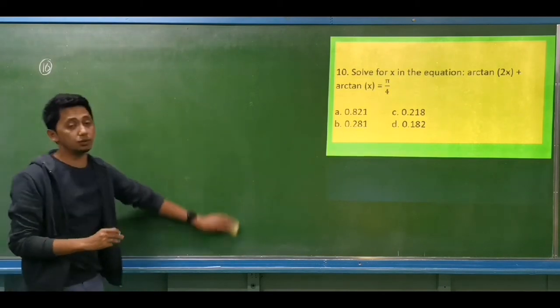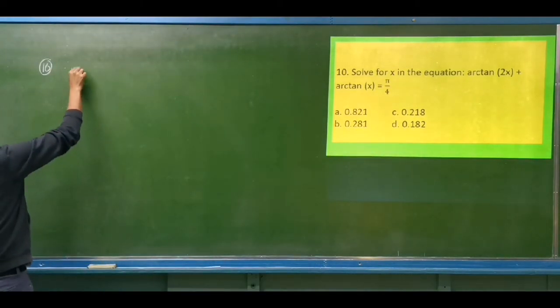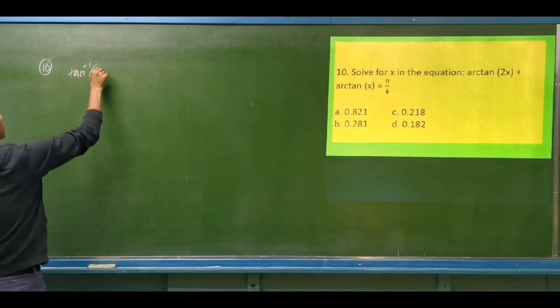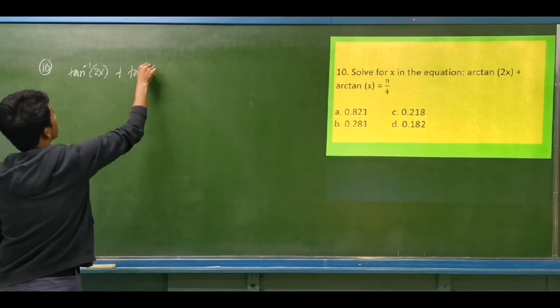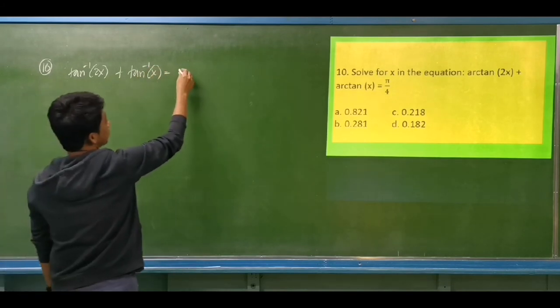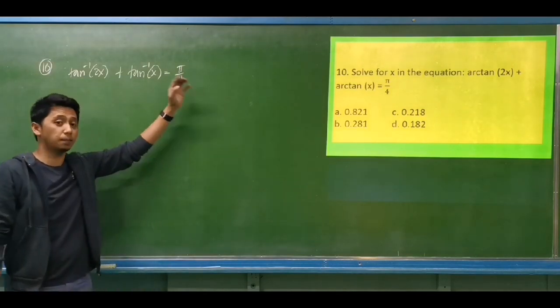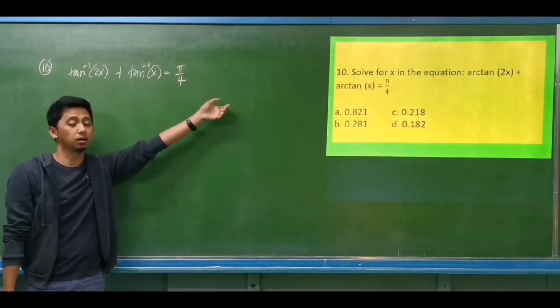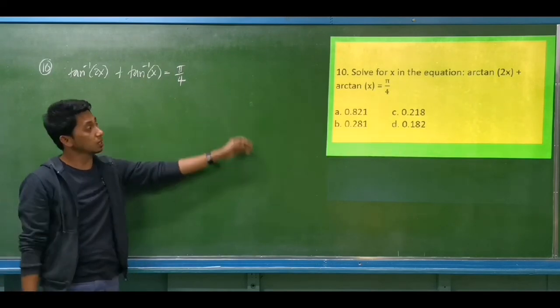What about kung gawin natin yung fundamental solution nito? So we have shift tangent of 2x plus shift tangent of x is equal to pi over 4. Tingnan, konting ingat dito: kapag may given na pi, automatically radian unit yun. Wala tayo sa degrees. Okay?